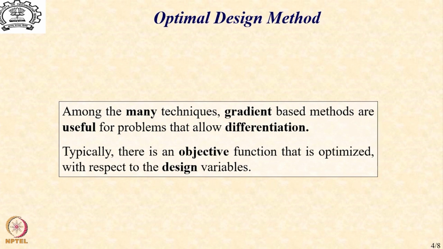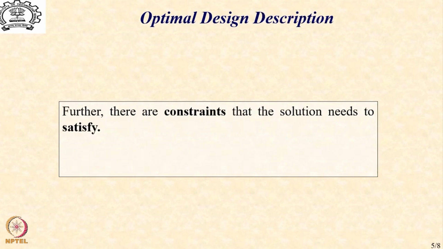In this methodology, typically there is an objective function which is to be optimized, that is either maximized or minimized with respect to the design variables. Further, there will generally be constraints that the solution needs to satisfy.